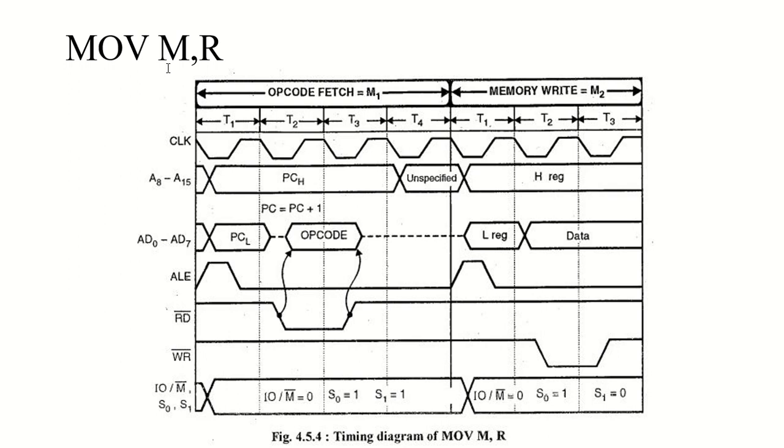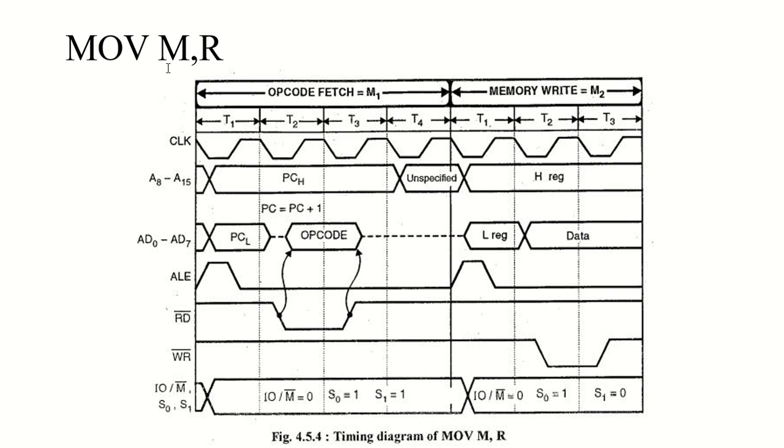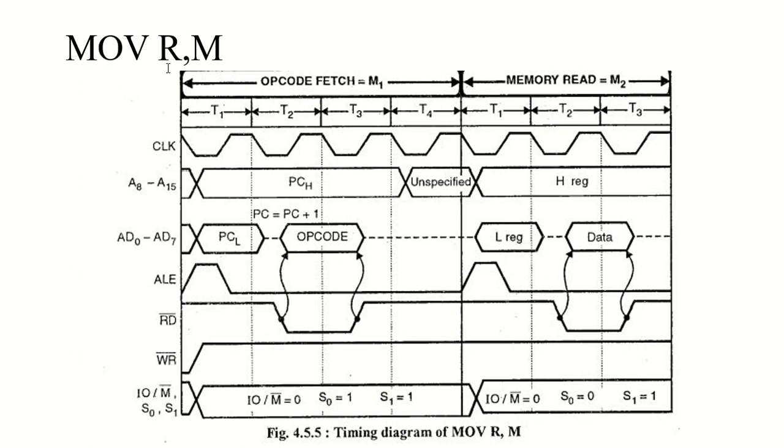So whenever we go for register, always remember, if you are going from register to memory, then you don't have to include the memory read cycle. Whenever R is on the right hand side of your instruction, you are not going to include the memory read cycle.